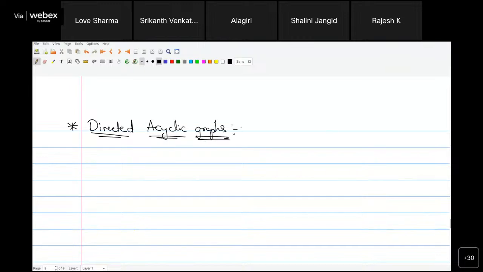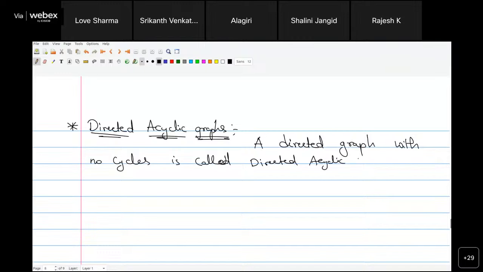A directed graph with no cycles is called a directed acyclic graph. We call it a DAG. Directed acyclic graphs, in short, we call it a DAG.